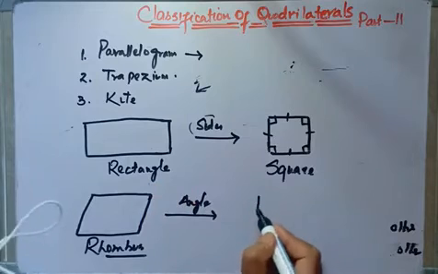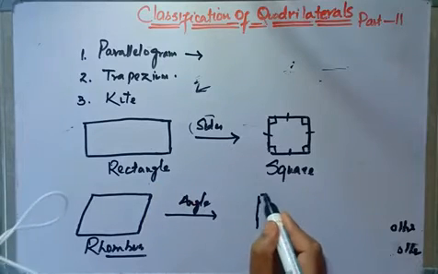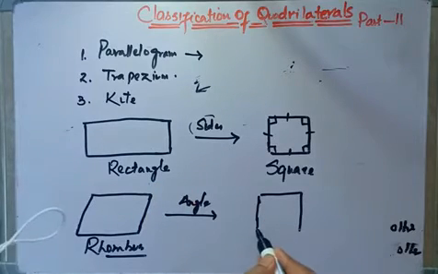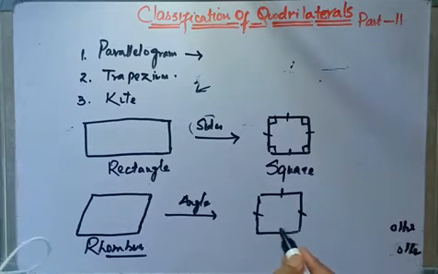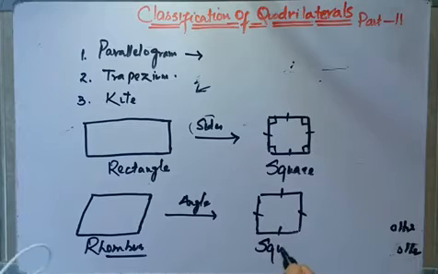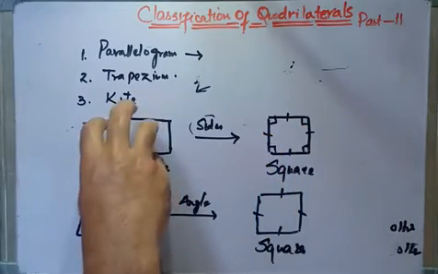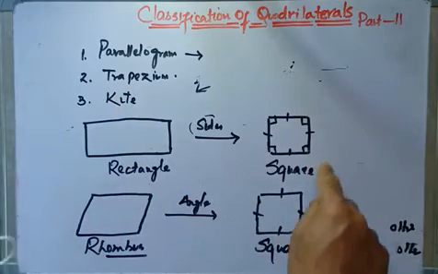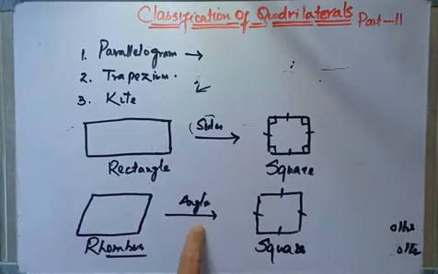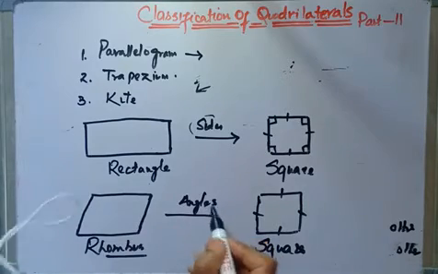So what I will get is again a quadrilateral in which all the sides are equal, and that quadrilateral is called a square, right? So I get the square from both. When I modify the rectangle with respect to sides, I get the square. When I modify the rhombus with respect to its angles, I get the square.